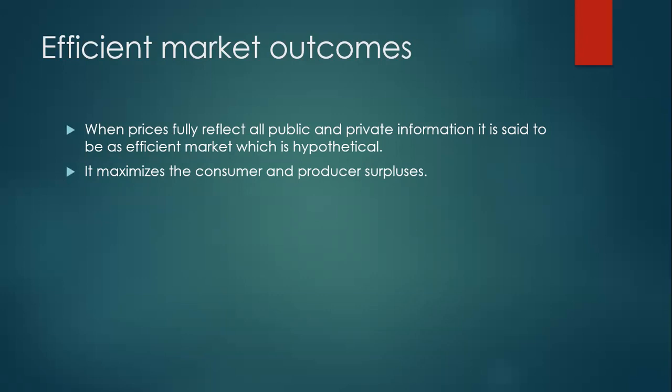If a company reflects every public and private information behind its price, in that case, that company or that market will be an efficient market. It's a hypothesis. No market is actually an efficient market. Semi-efficient markets are mostly what exist.